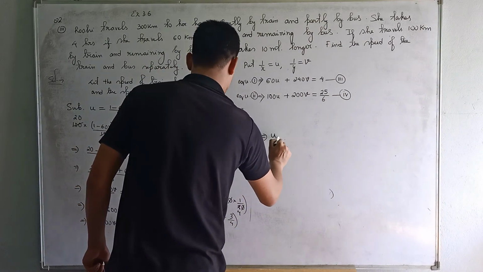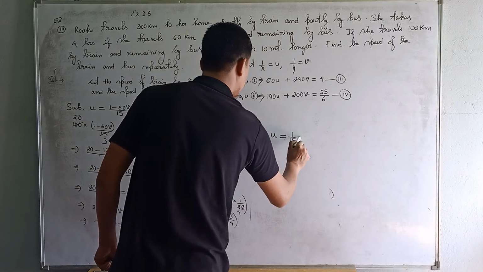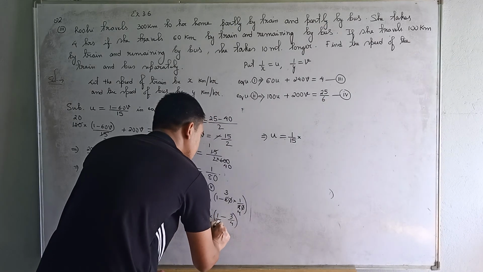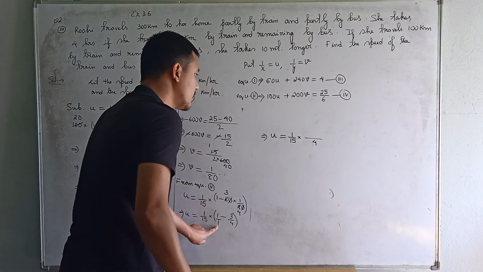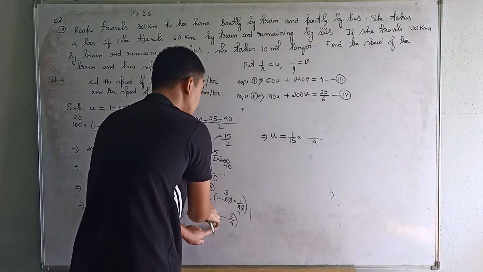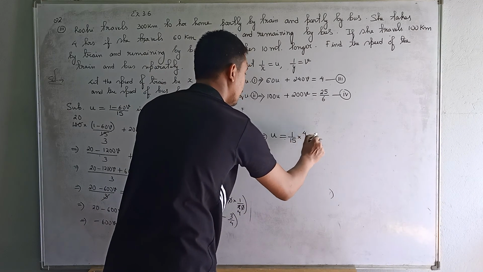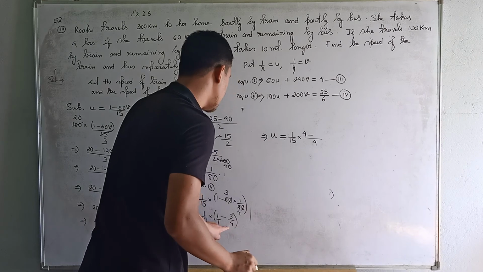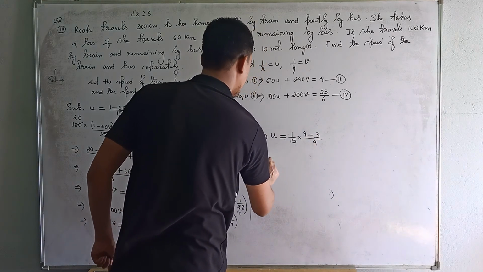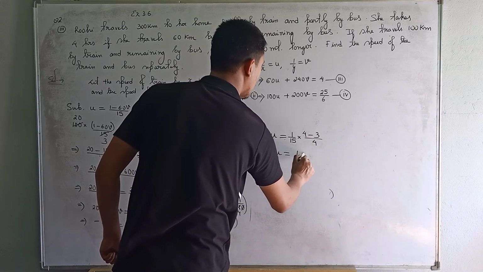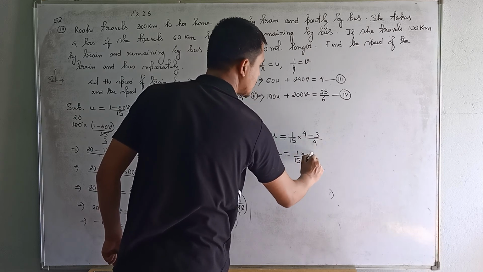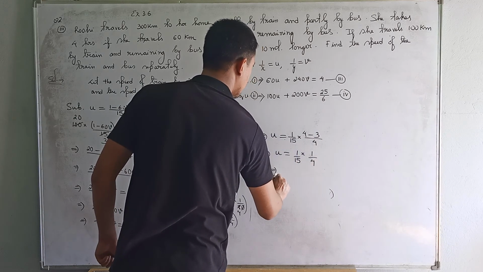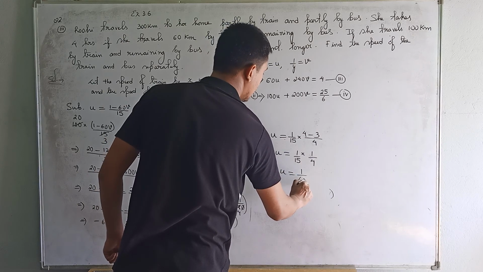So this implies u is equal to 1 by 15 times, if you take LCM, LCM of 1 and 4 is 4. Here denominator is 1, so this 4 will multiply numerator 1, so that is 4. 4 and 4 cancel out, so we have 3. So u equals 1 into 4 minus 1 by 15 into 4 minus 3, 1. So u is equal to 1 upon 15 4s are 60.